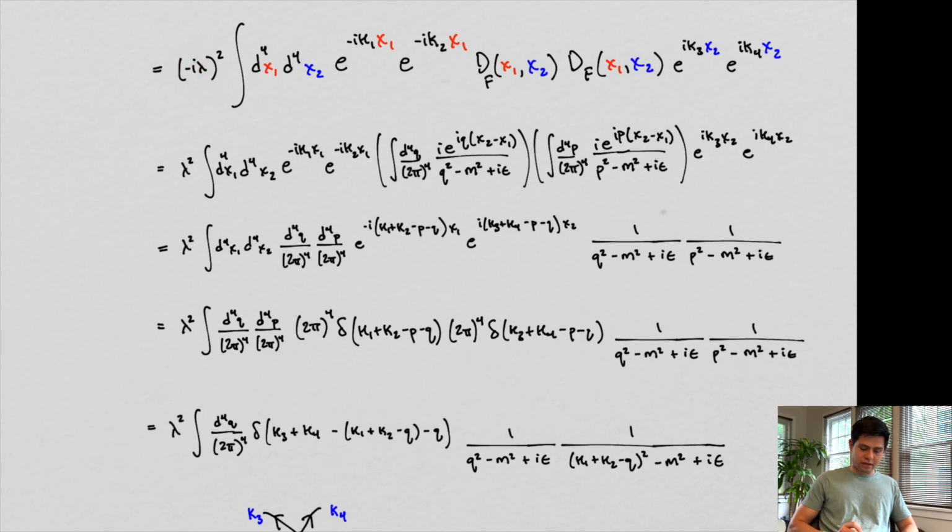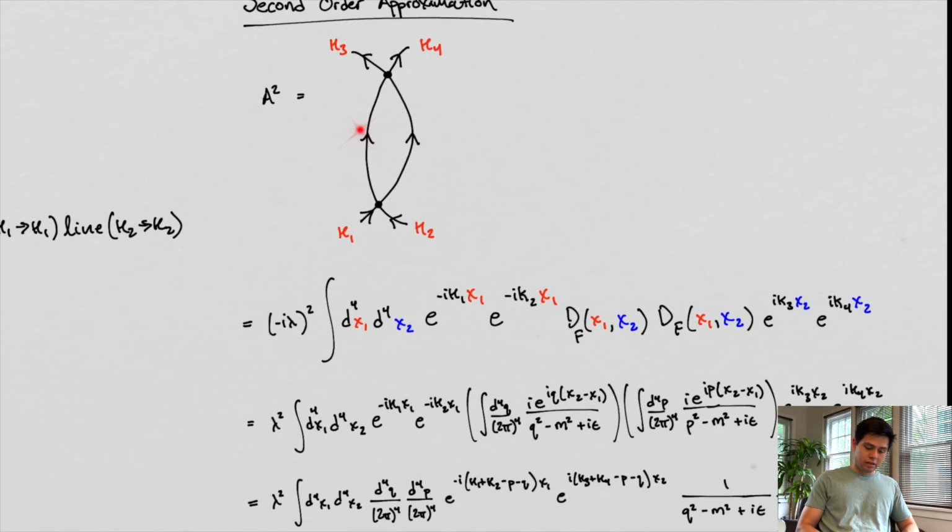Okay, so let's see, how are we going to do this? So here's our incoming lines, outgoing lines. We replace, so these are our Feynman propagators. This is something we covered way back when, what exactly these propagators were, right? So we put these guys into these two guys. And we have to make sure they're different, right? We have Q and P. The Q and the P represent four-momenta, again, but they have to be different because these two lines might have different momenta, okay?